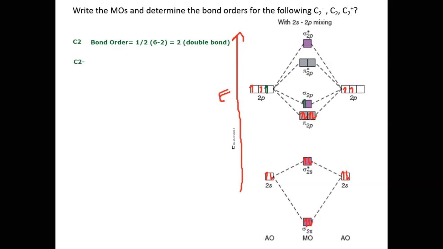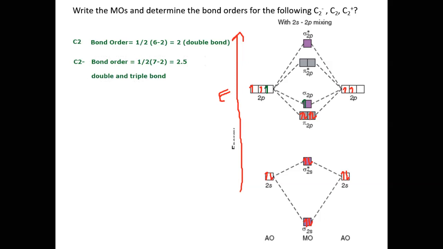So the bond order here is one half, 7 minus 2, which is 2.5. So it means it's somewhere between a double bond and a triple bond.